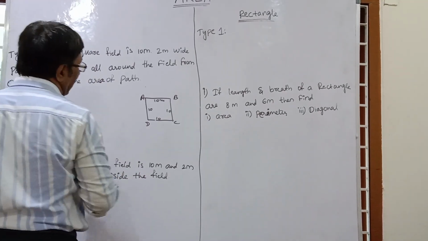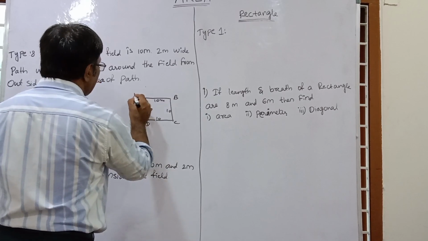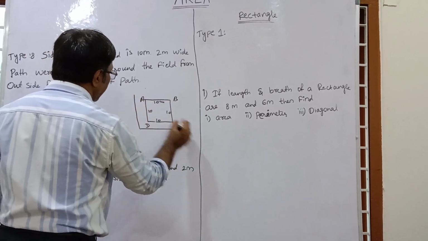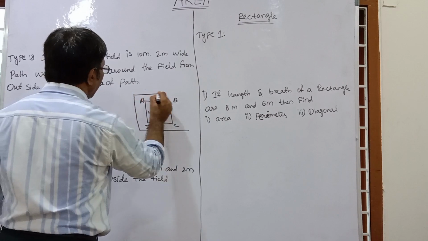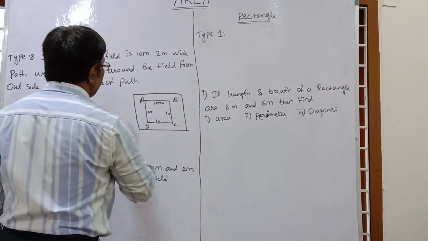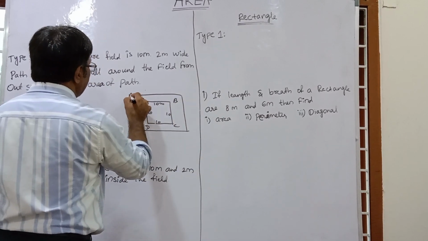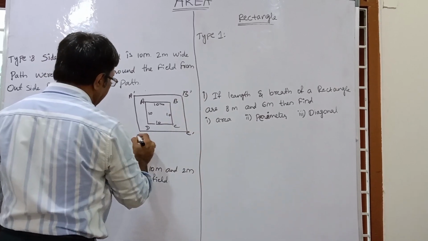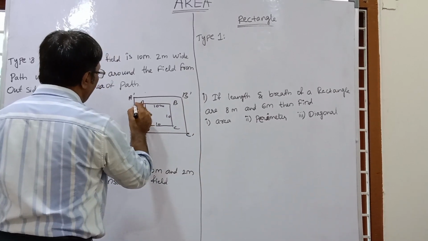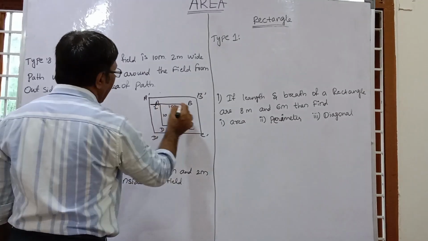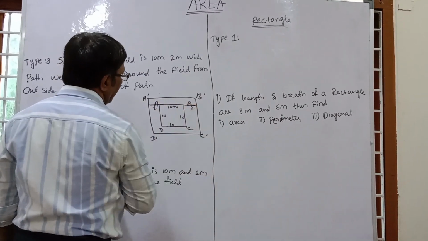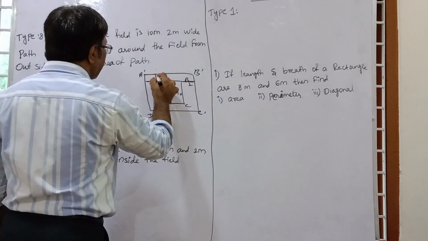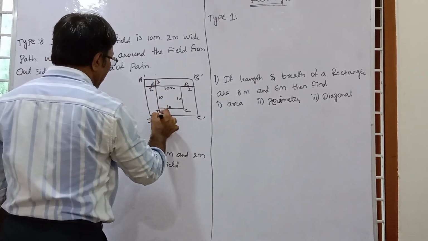So this is a 2 meter wide path. Suppose this is A dash, this is B dash, C dash and D dash. So this is 2 meters wide, this is 2 meters and this is also 2 meters. In the same way, this is 2 meters and this is also 2 meters.